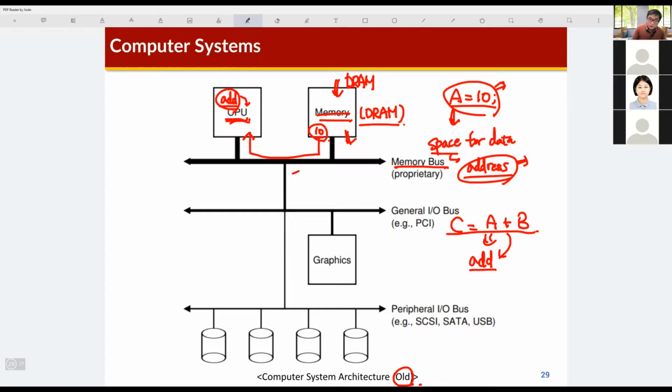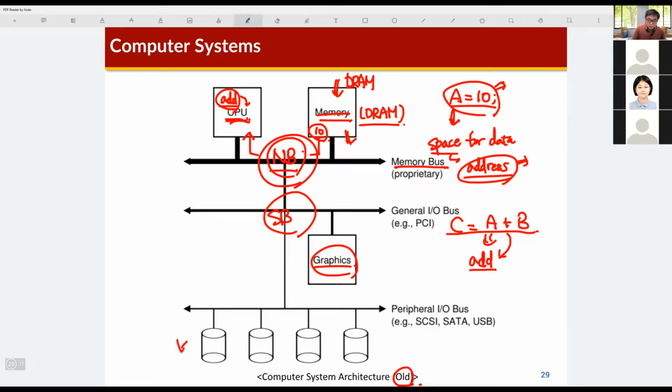Actually, in the old generation of computer systems, there is a north bridge chip here, and this north bridge chip controls the data traffic between the CPU and memory. Also, this north bridge chip is connected to the south bridge chip, and this south bridge chip is connected to the many peripherals and the graphics card here.